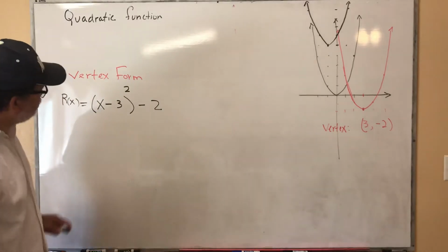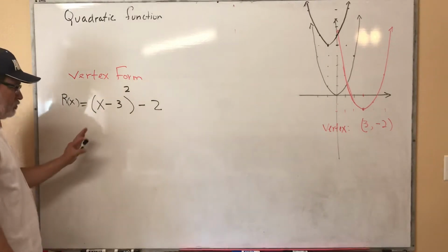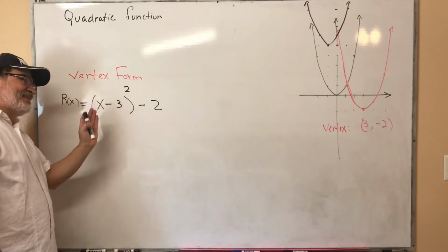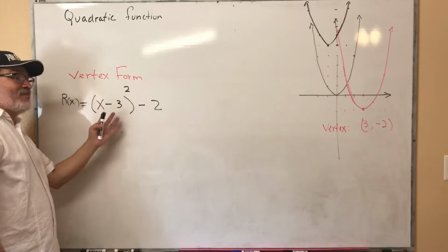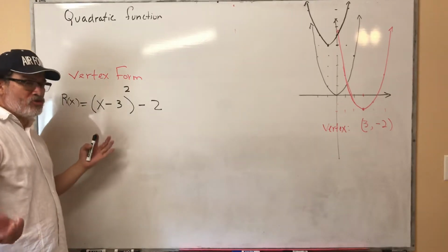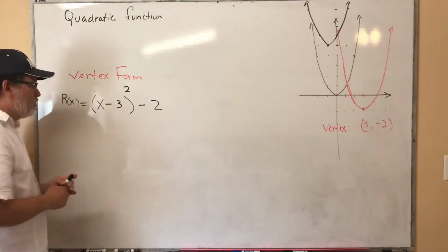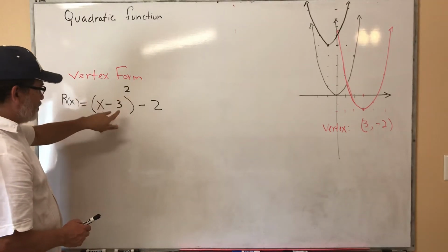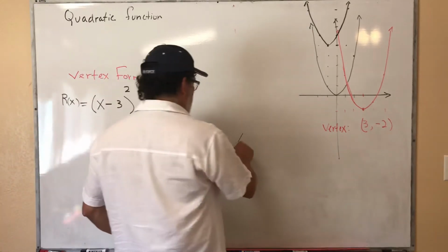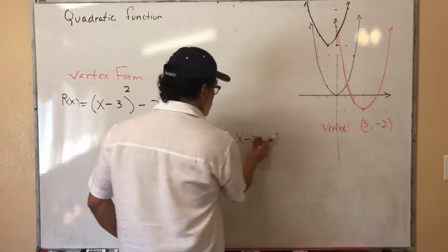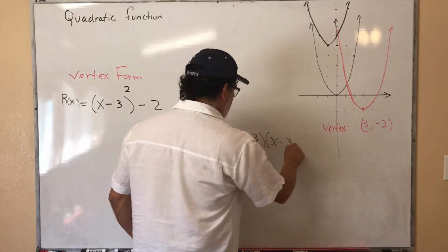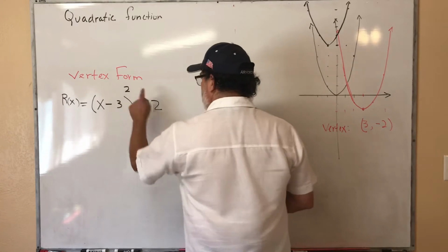Now look, you see this? This is in vertex form, but sometimes it's not given in this form. It's given as a polynomial, a trinomial to be exact. Okay. How do you square this? Well, x minus 3 times x minus 3 is x minus 3 quantity squared.